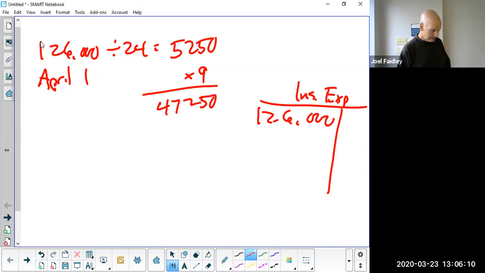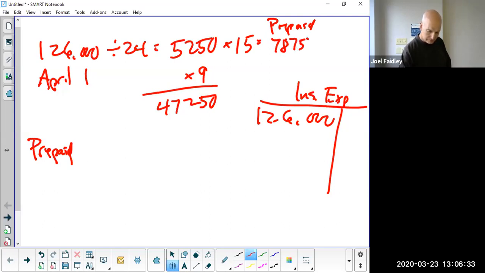All right, so how much needs to be in prepaid? 9 from 24 is 15, right? That times 15 is equal to the prepaid amount. 5250 times 15, 78,750. So prepaid insurance needs to have 78,750, and that 78,750 needs to come out of where? Insurance expense.